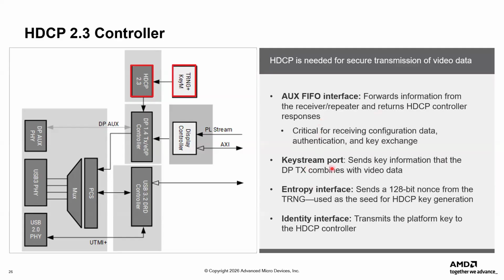So you've got the key stream port, you have different interfaces, and then you have the identity interface. The point is that we can use this, it should actually be kind of bidirectional here, to encode the data, to actually take the video data that's being sent to the output port, and we can do encoding or decoding on that. So if it was pre-encoded, then we can decode it. If it's necessary to encode it at this point, then we can do that.